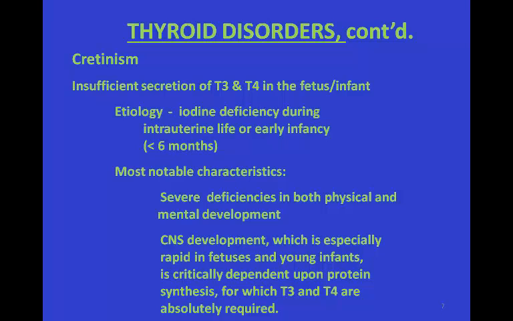Once the child has passed that critical time point, certain things have occurred in the form of physical and mental development. Certain abnormalities have occurred that cannot be reversed, no matter how much thyroid hormone is released after that. So you see, the brain is developing not only after birth, but all the way up until an individual is an adolescent, and it's believed even into early adulthood.